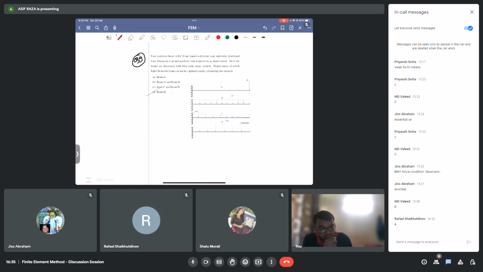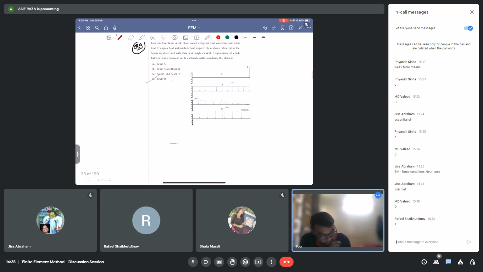Would you like to give an explanation to this, if you know? Okay, I can try. The element considered here is a 3 node single element.